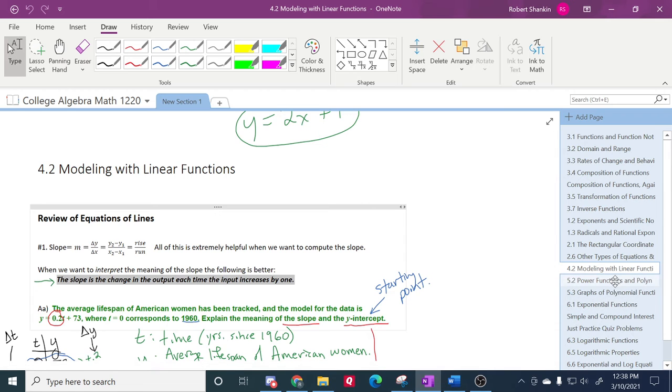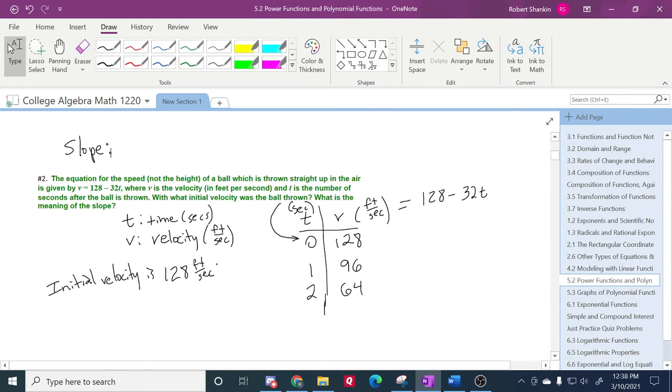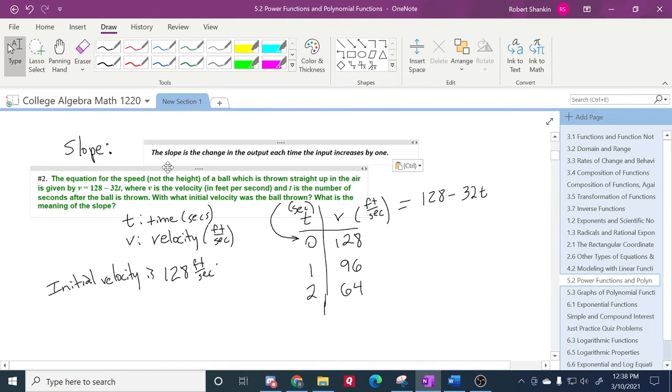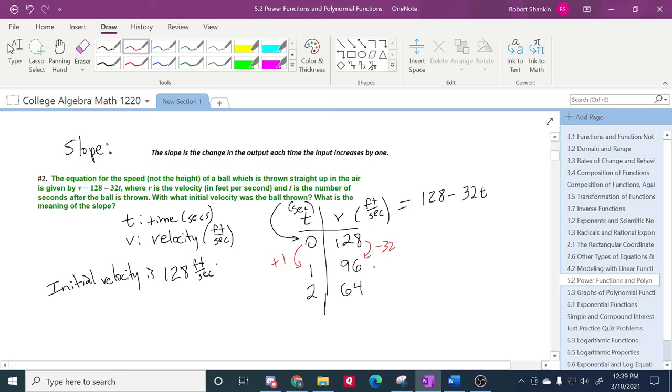So what it means is every time this goes up by 1, this goes down by 32. But we got to put this in nice, easy words a third grader would understand.